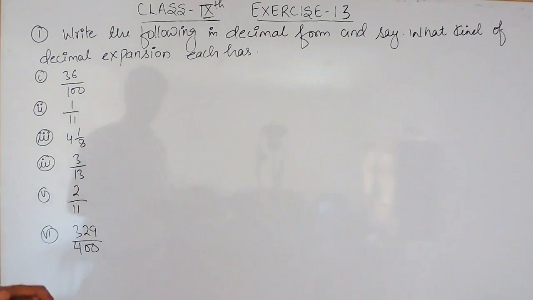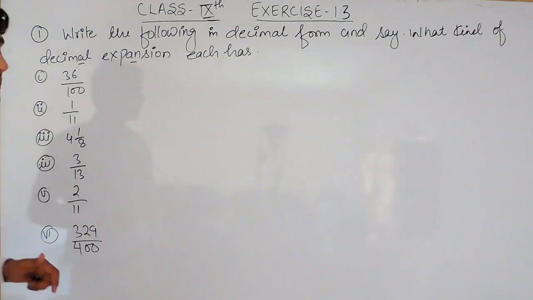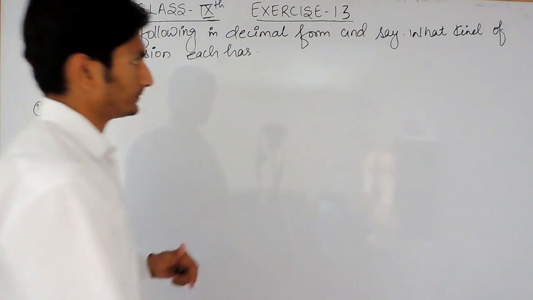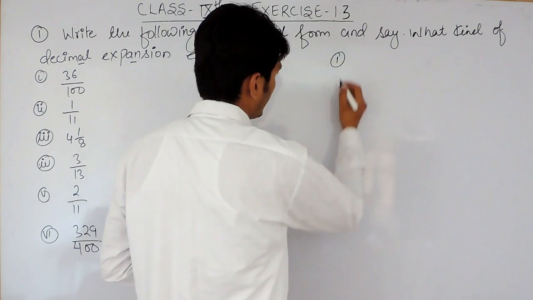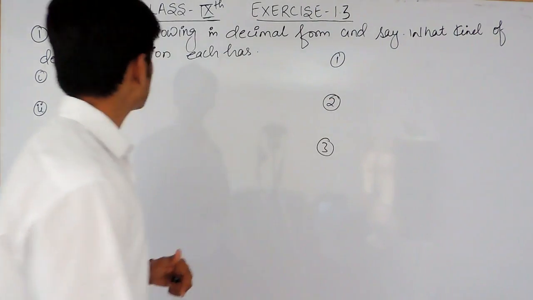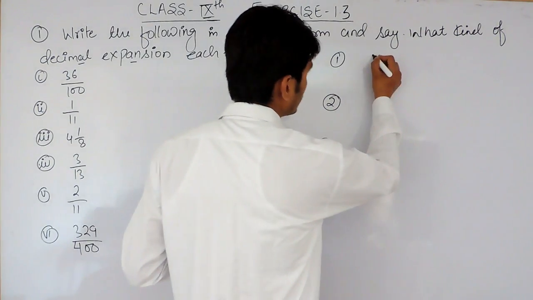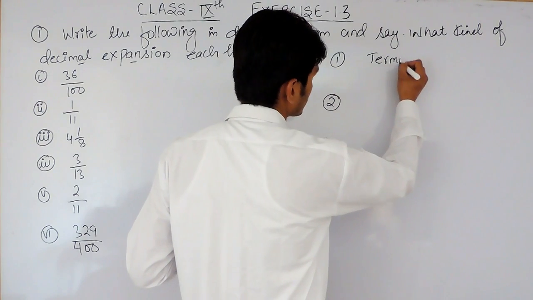Now first of all, let me explain how many types of decimal expansions we have. Actually we have three types of decimal expansions. The first is terminating decimals.